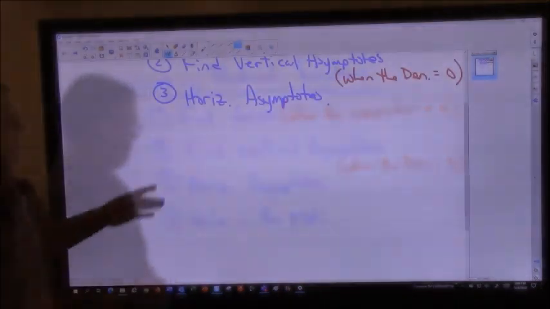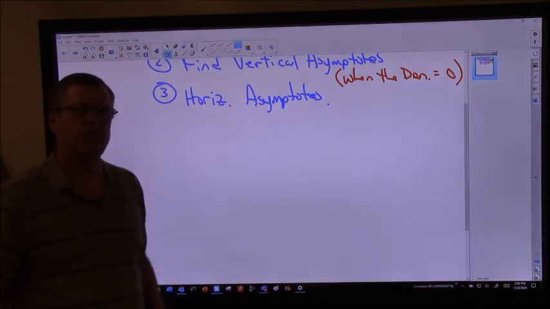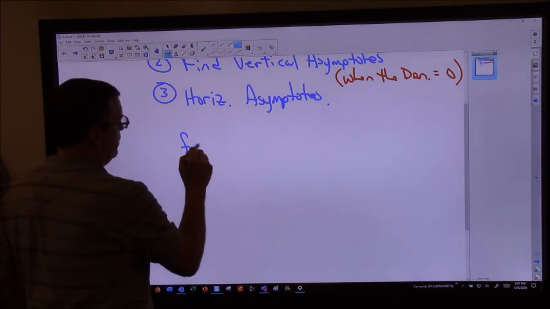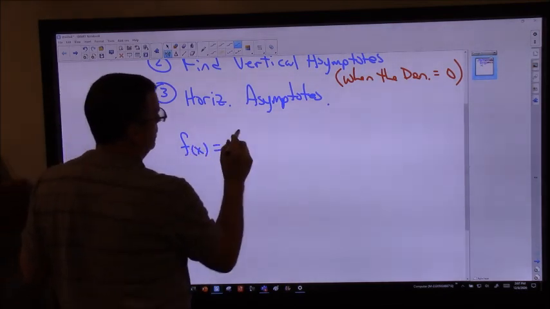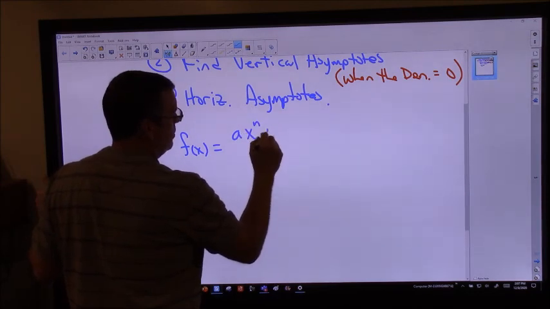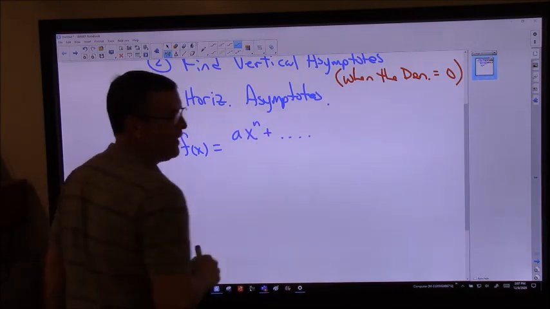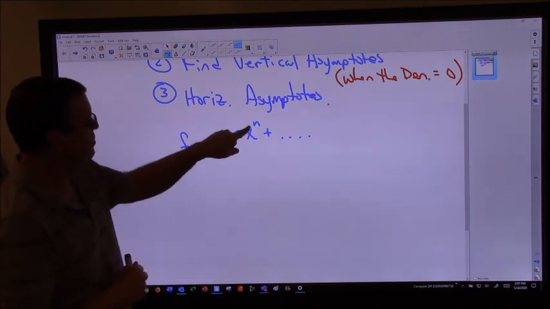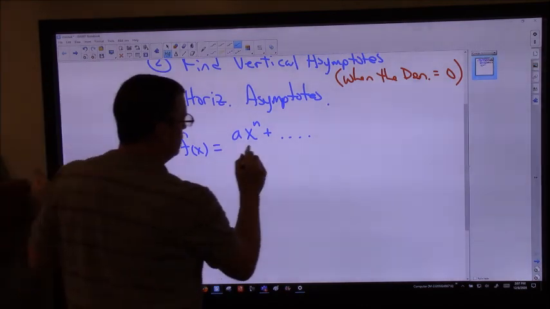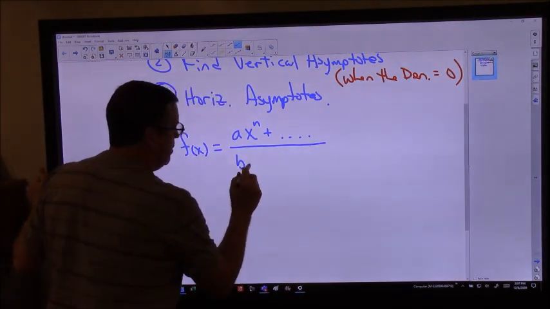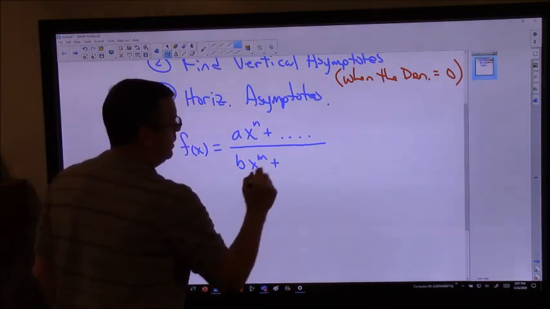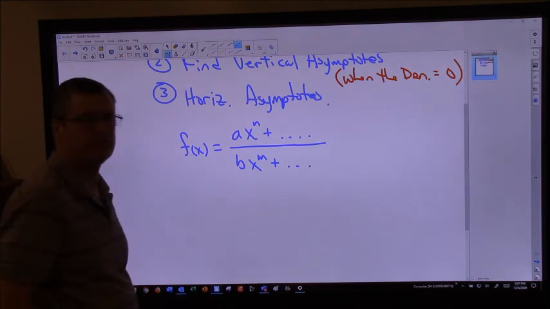Okay? All right, so let's develop some rules for the horizontal asymptotes. If I have a function that is f of x equals ax to the n power plus some more terms. So this is our highest exponent. Over b x to the m power plus some more stuff. Okay?